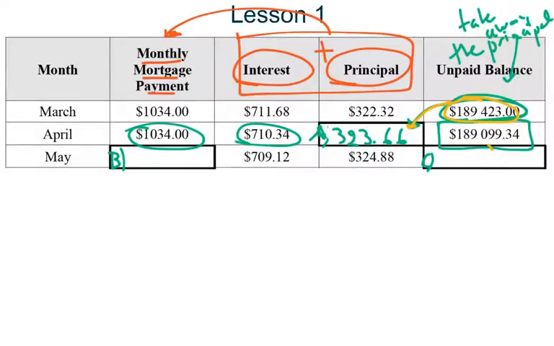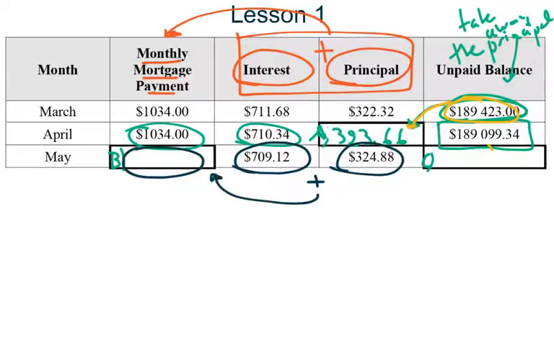Completing B now, I'm looking for the monthly mortgage payment. What did I say? This one here always comes from adding the interest and the principal together. So if I add those two together, that's what I'm getting right there. I'm expecting to find the same answer, since normally the monthly payment won't change, especially if your mortgage has a fixed interest rate.